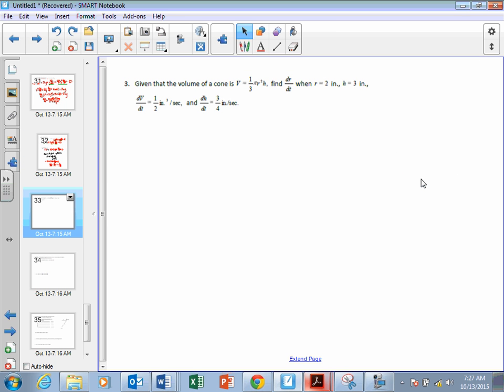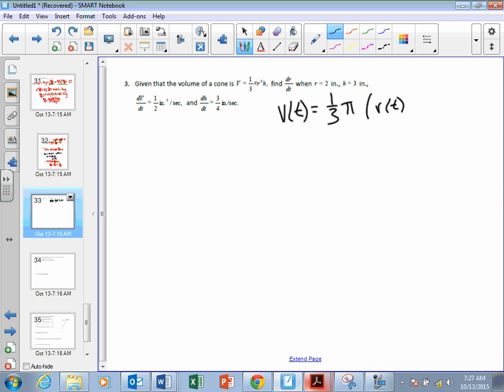Given that the volume of a cone is this equation, find dr/dt when r equals 2, h equals 3. We're given a bunch of unknowns. So first of all, we're going to have to take the derivative of this whole thing with respect to time. We have to realize that this equation is really V of t equals 1/3 pi times r of t squared times h of t.